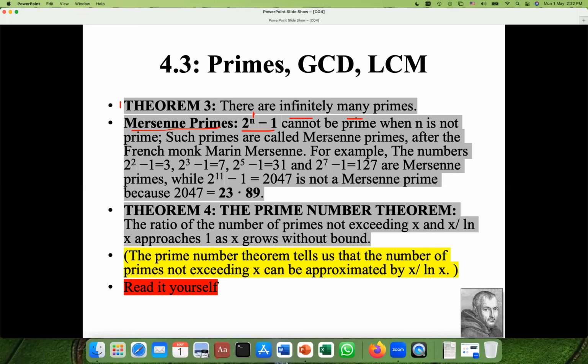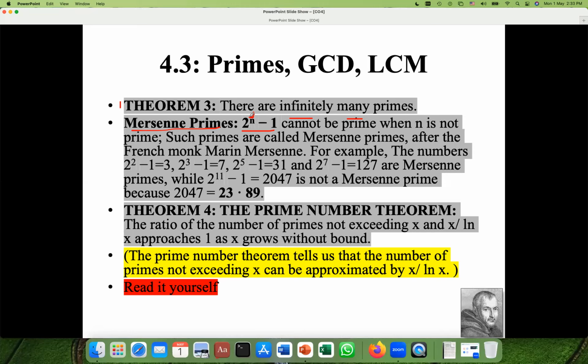There is no verb "is." It is "cannot." When there is a verb "cannot," then there is a possibility that it can be a prime. You will see. So 2^n minus 1 cannot be prime when this n is not a prime.